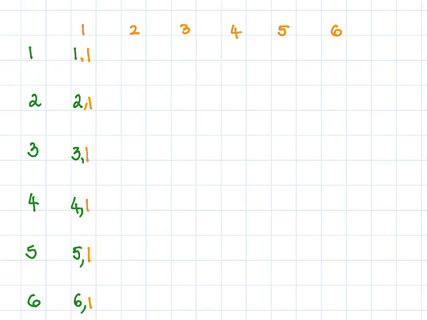In this case it would be 1 and 2. Then we would have 2 and 2, then 3 and 2, next 4 and 2, then 5 and 2, then 6 and 2.